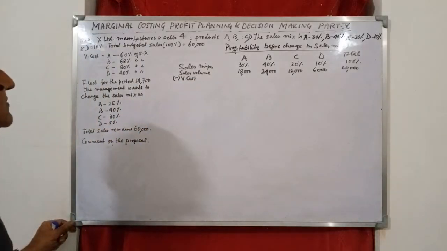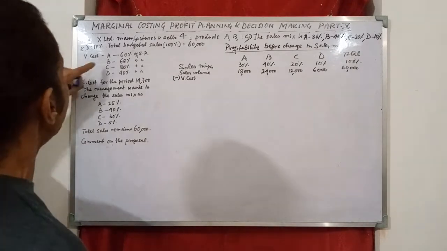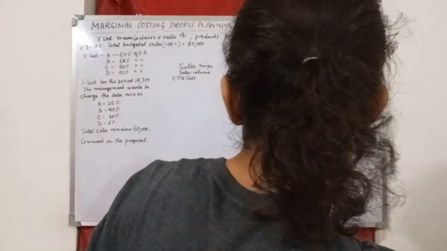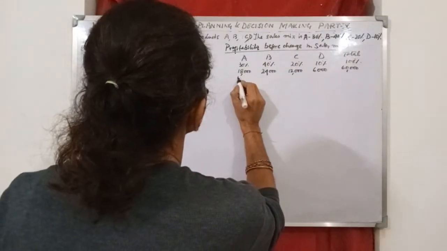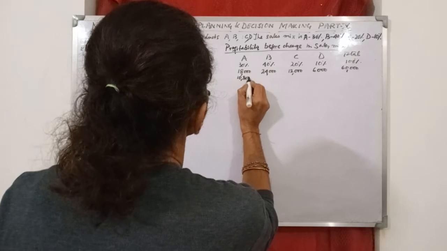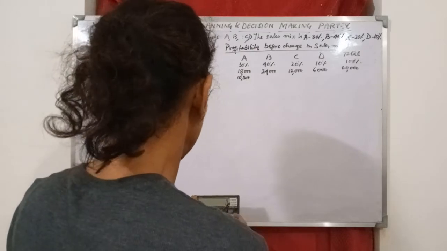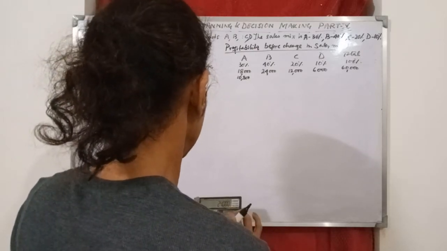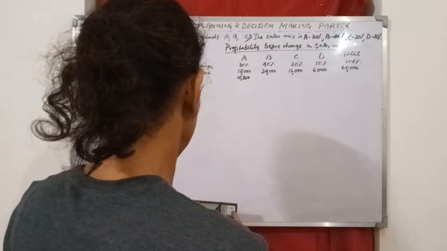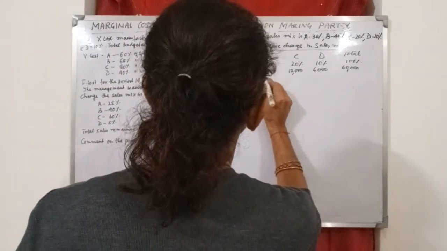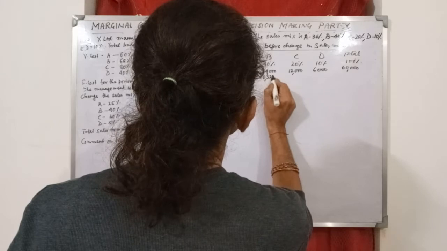From sales, we deduct variable cost to find out the contribution. A is 60% of selling price, so 60% of 18,000, that is 10,800. For B it is 68% of 24,000, which gives us 16,320.